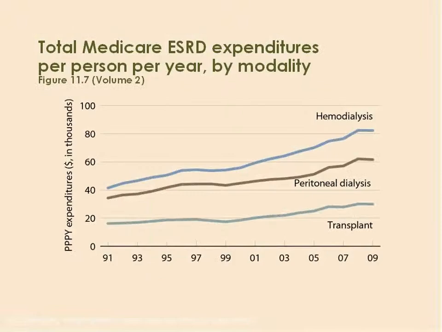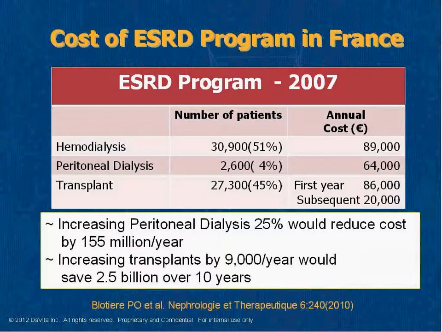There is a substantial difference in cost between hemodialysis, nearly $80,000 per year, and peritoneal dialysis at nearly $60,000 per year. The cost of transplantation is even lower than that of any of the dialysis modalities. With the global decline in the economy, we're seeing countries beginning to look at PD as a preferred modality. In the United States, 45% of ESRD patients are transplanted and 4% enter peritoneal dialysis programs.